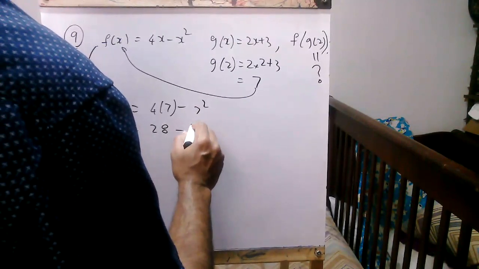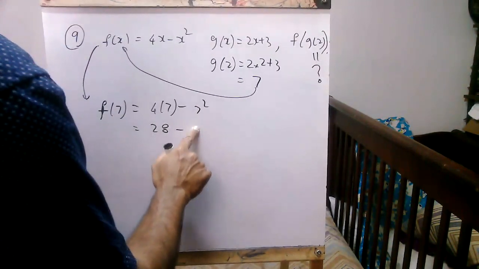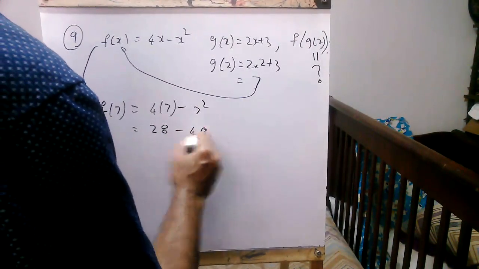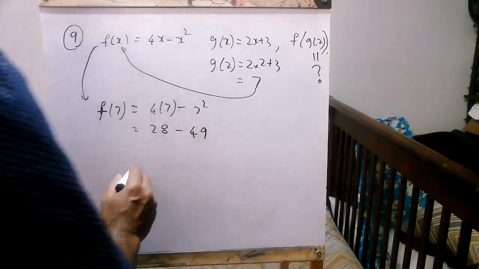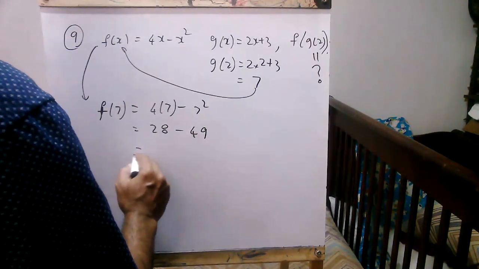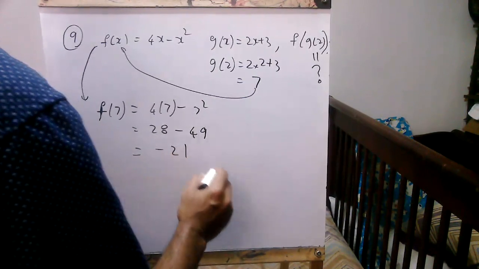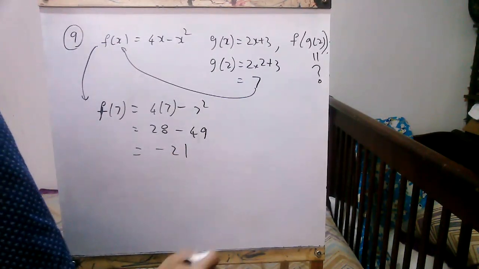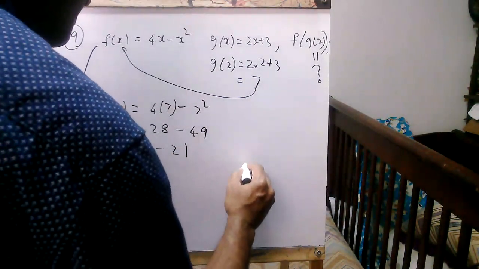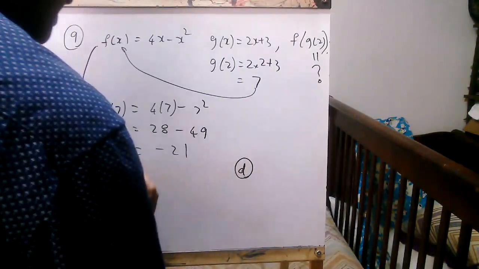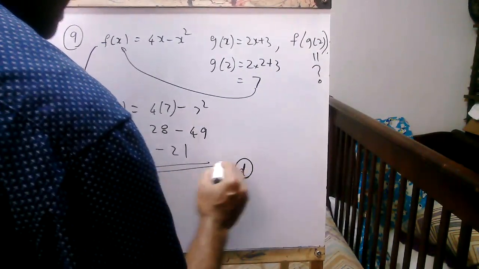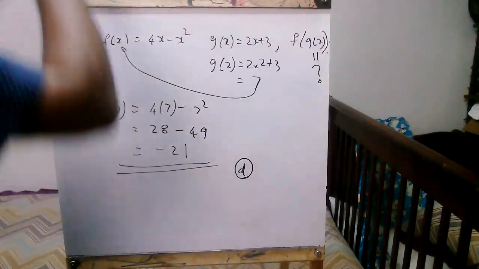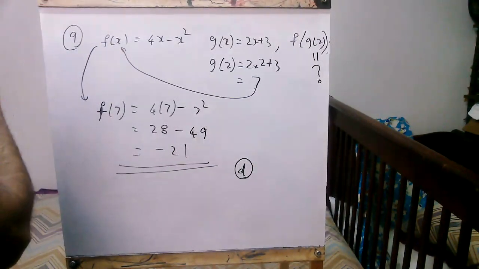Minus 49, this is negative 21. Answer choice D. Right, that is 9.